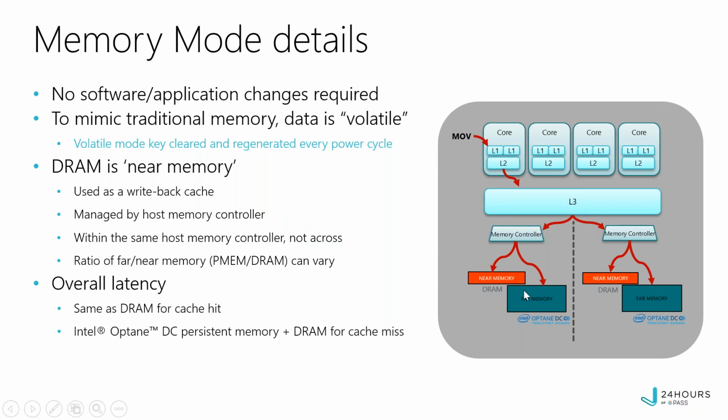Obviously, we will try to keep most of the hot data on the near memory side, which will have very little impact on the performance. But if you have so much hot data that you spill over, we will need to make sure that the application can handle that difference in memory latencies.